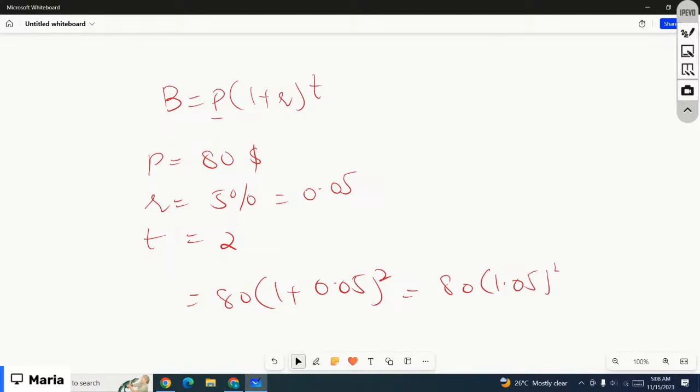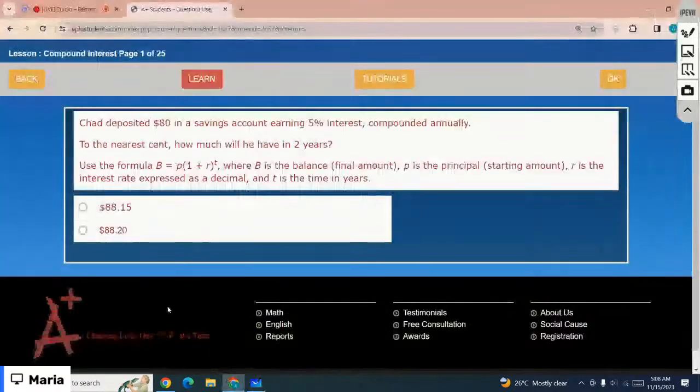Either you can do 1.05 times 1.05, that is 1.1025. Multiply it with 80. 1.1025 times 80. The correct option is 88.2. That means after 2 years you have 88 dollars in your account. The correct option is $88.20. The second option is the correct one. Got it?